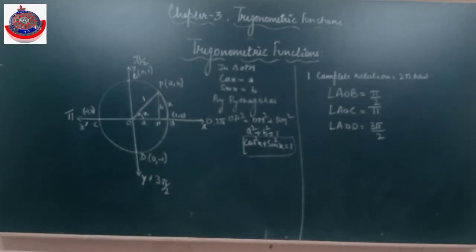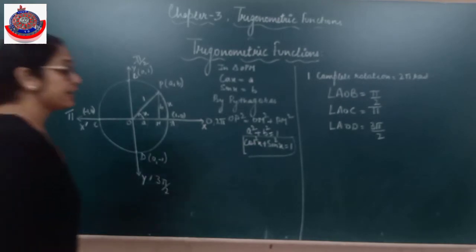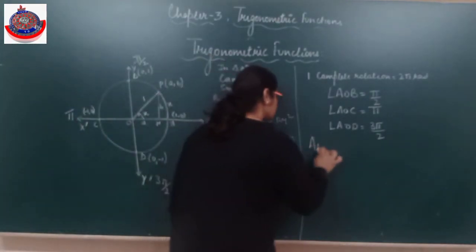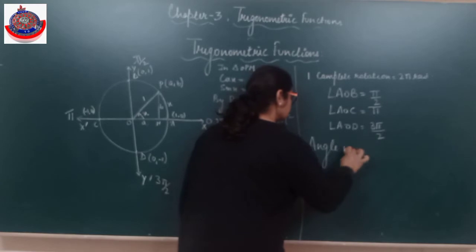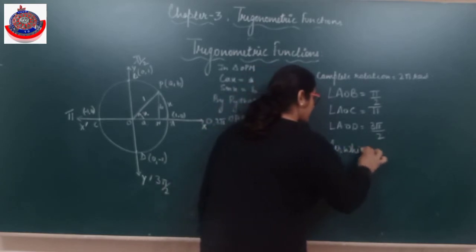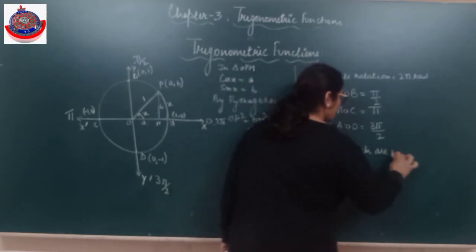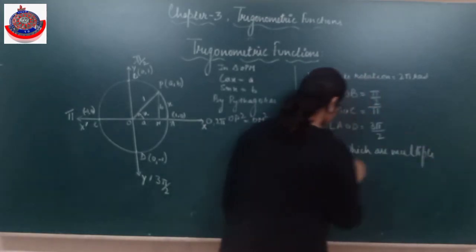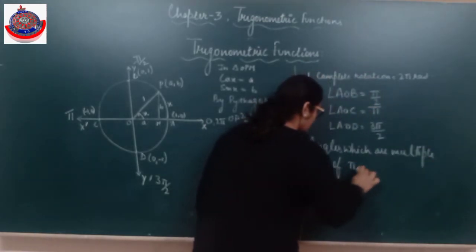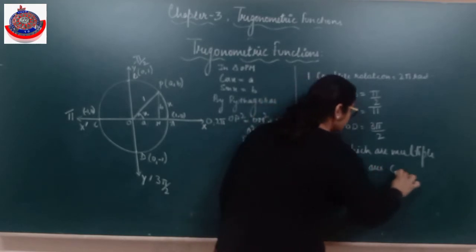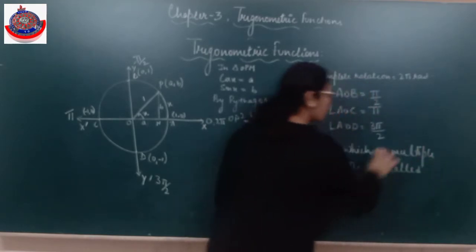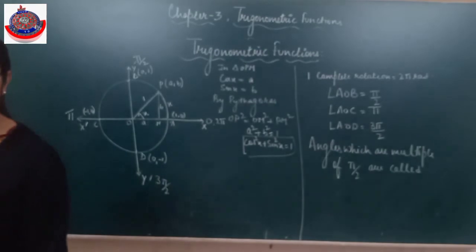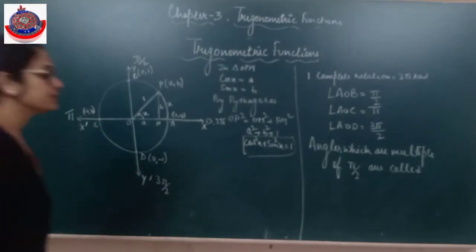The angles which are multiples of pi by 2 are called quadrant angles, quadrantal angles.